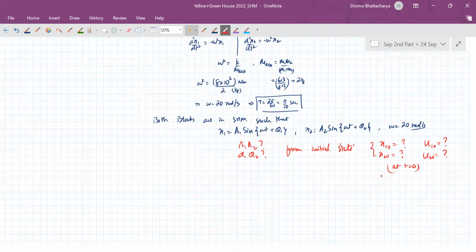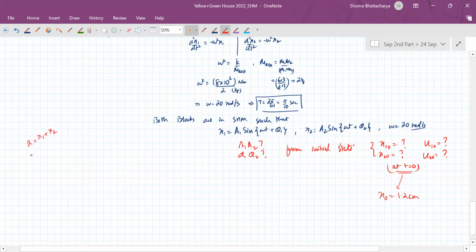So see here, we know that at t equal to 0, x naught's value is how much? 1.2 centimeters. Now remember, in general, we had x equal to x1 plus x2, and m1 x1 equal to m2 x2. So this told us that x1 is to x2 was actually 2 is to 1. So using these equations, you can see that x1's initial value plus x2's initial value is 1.2 centimeters.